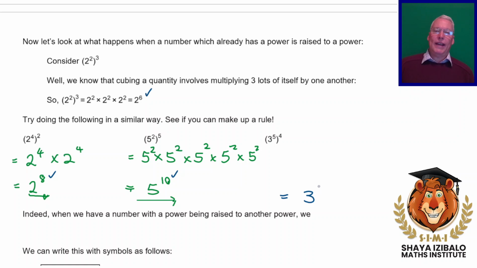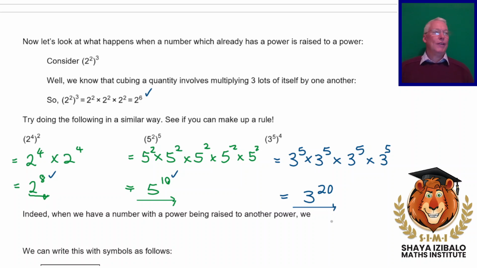So we think the answer may well be 3 to the 20. Let's write it out in full just to see. Something to the power of 4 means multiply 4 lots of that thing together. So 3 to the 5 times 3 to the 5 times 3 to the 5 times 3 to the 5, and that becomes 3 to the 20.